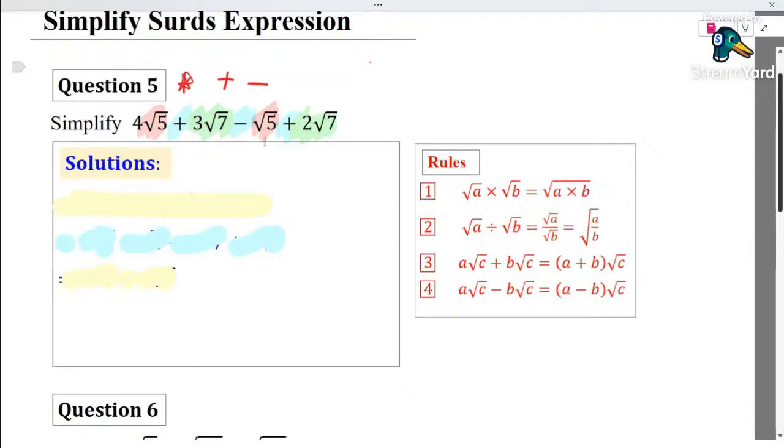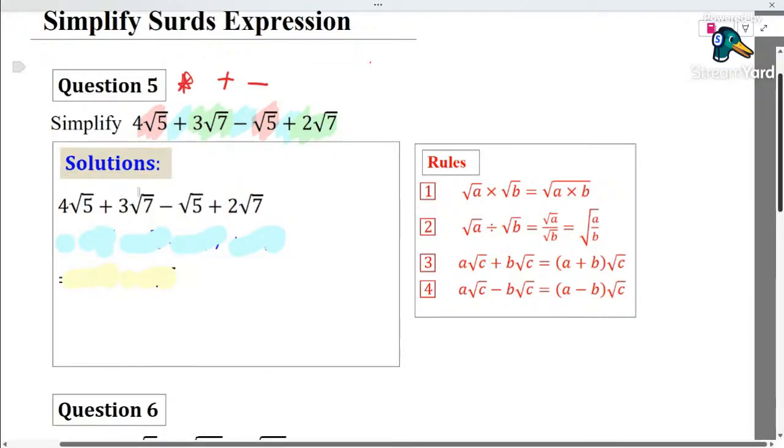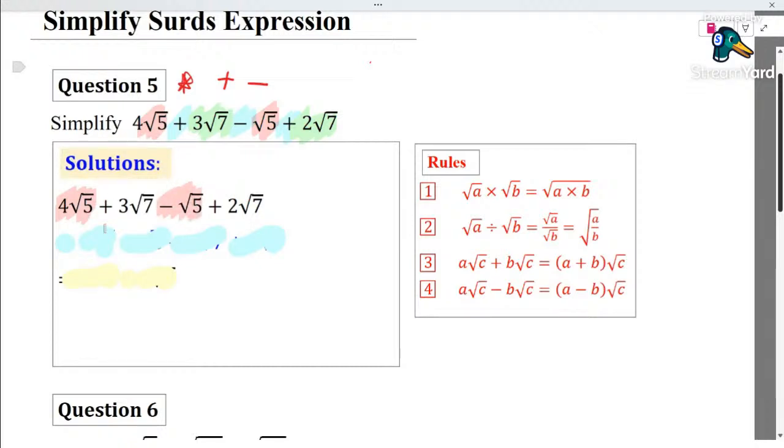So how do we solve this question? Again, I copy back the whole expression given in the question. Next, I'm going to group the same type of square root together to simplify. So for example, I group the square root of 5 together. I will have 4 square root of 5 minus square root of 5.